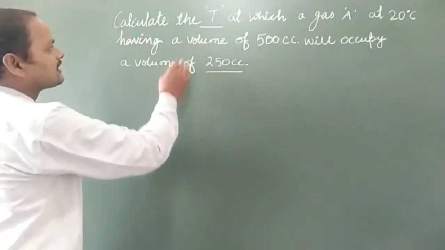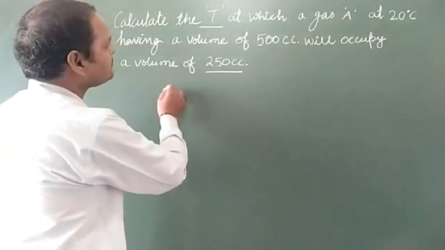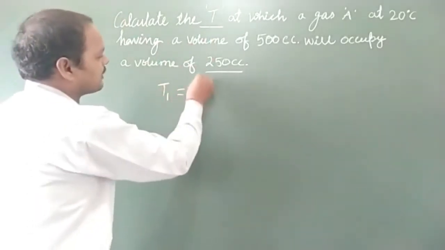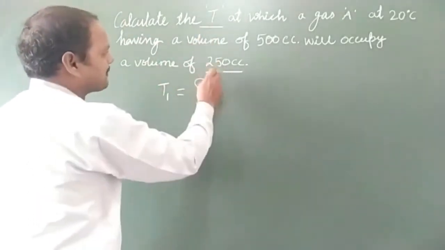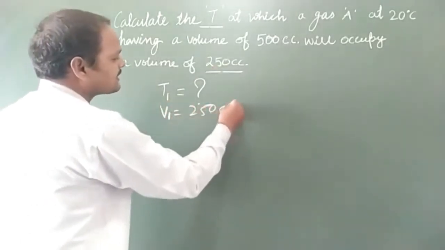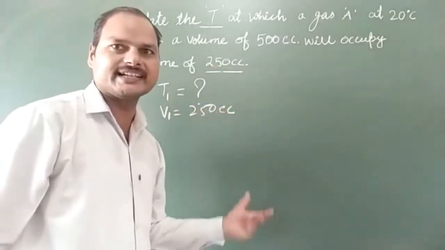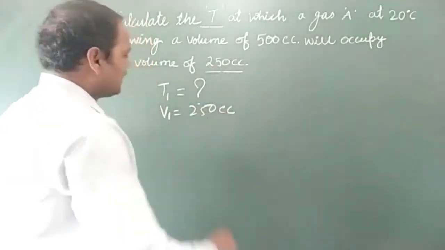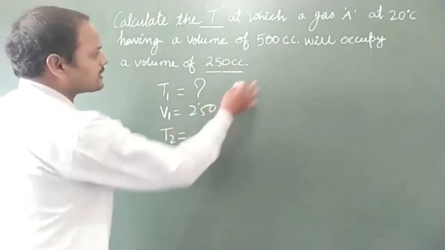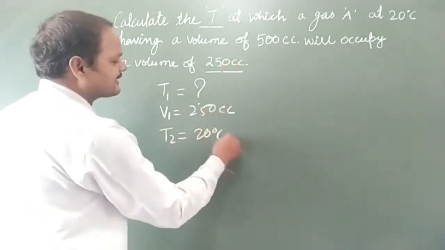Let the temperature required be taken as T1, and at this temperature volume V1 is given, that is 250 cc, centimeter cube means cm cube, and the other temperature T2 is 20 degrees Celsius.